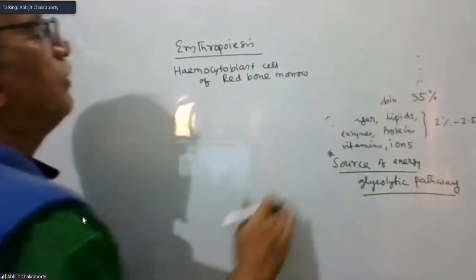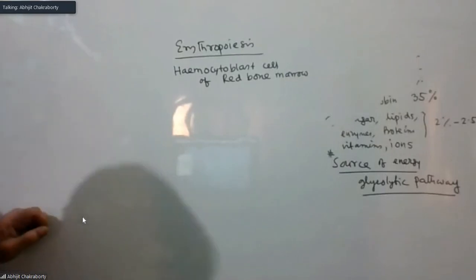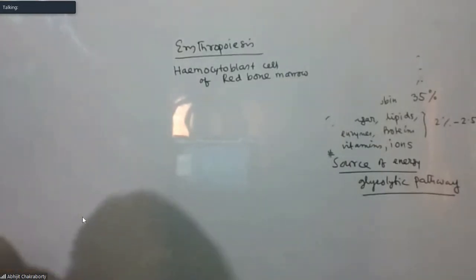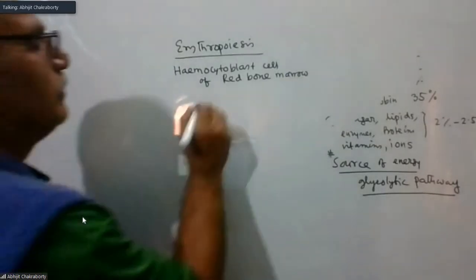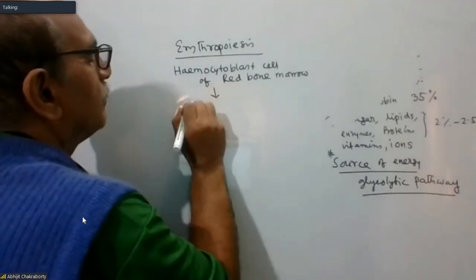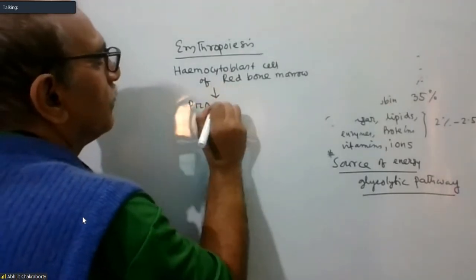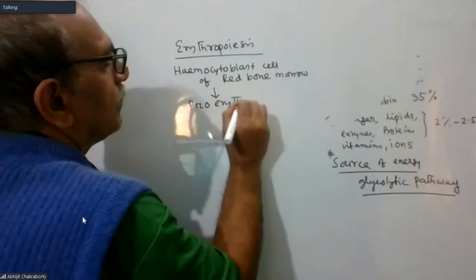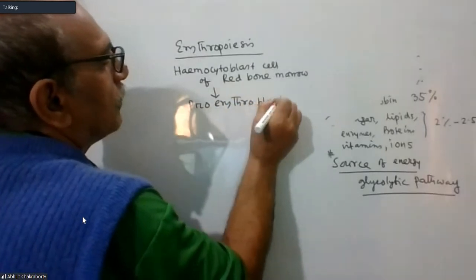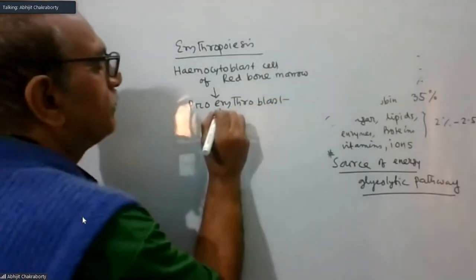Hemocytoblast cell of red bone marrow. Study this. Proerythroblast.